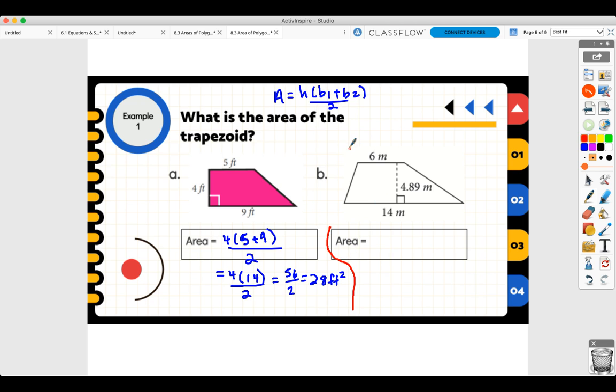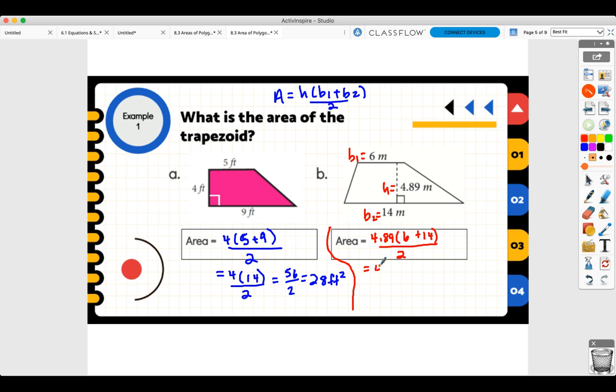So we have base 1, base 2, and our height. So 4.89 times 6 plus 14 divided by 2. So once again, simplify the numerator.